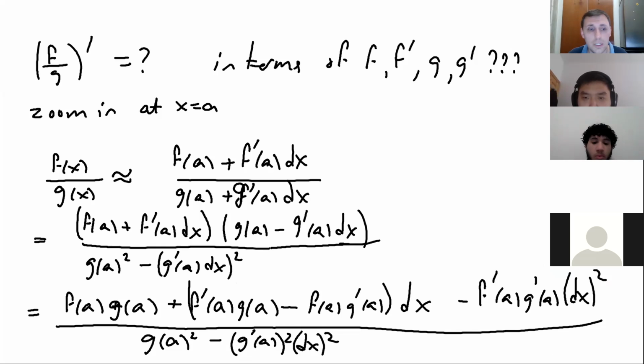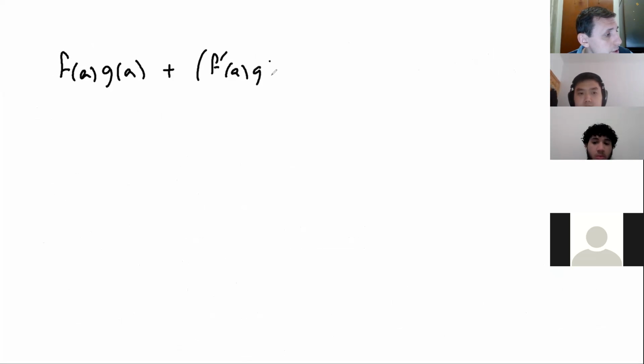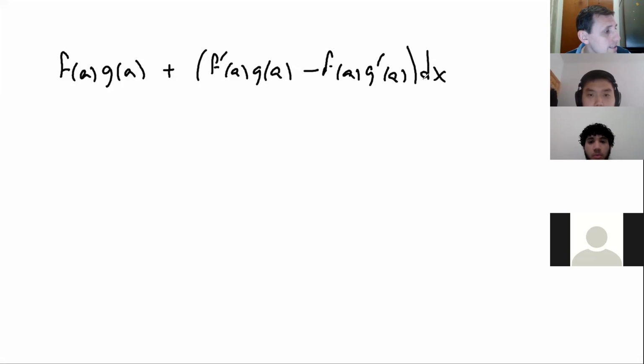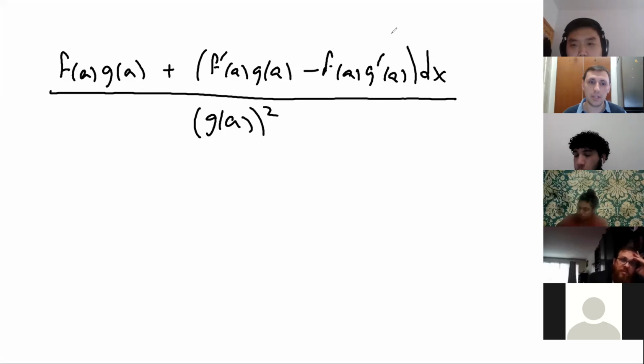In other words, what you see is essentially this: f(a) g(a) plus (f prime a g a minus f a g prime a) dx, divided by g(a) squared. You understand? If I eliminate the things that I do not see, I see this particular expression.